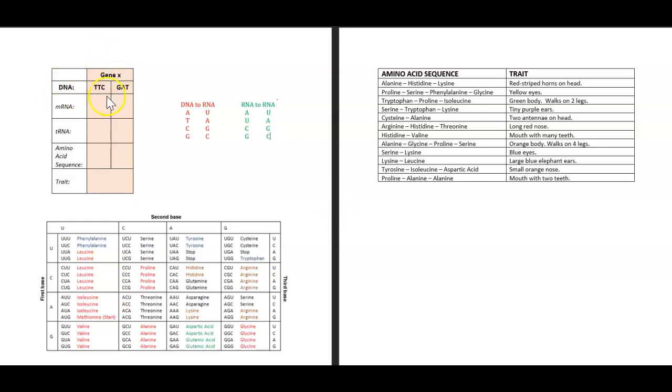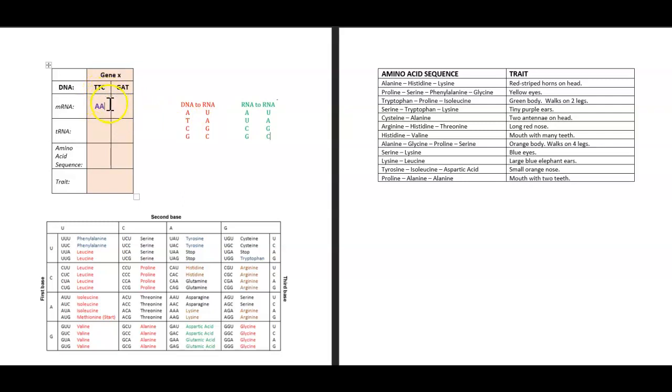You're given this chart and you have these genes, and the gene is going to code for a certain trait. So here's my DNA sequence. We know that it's DNA because it has T's. We are going to write the complementary mRNA strand. So T, what does T bind to in RNA? Well, T binds to A's. So it's going to be A and then another A because there's two T's.